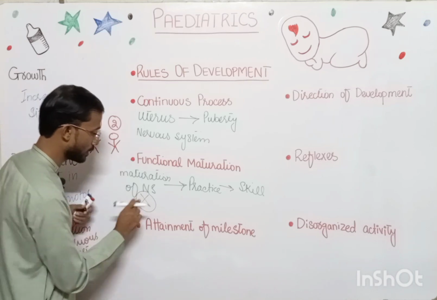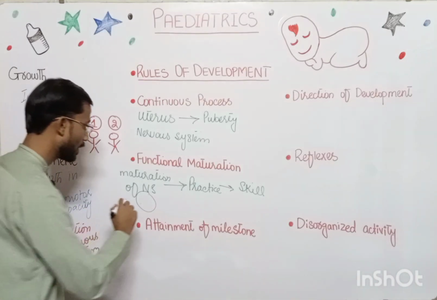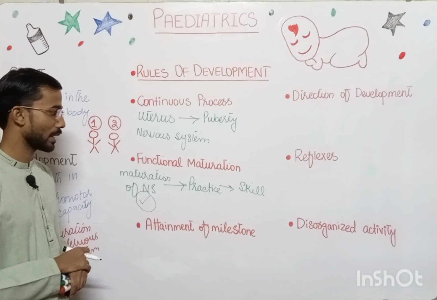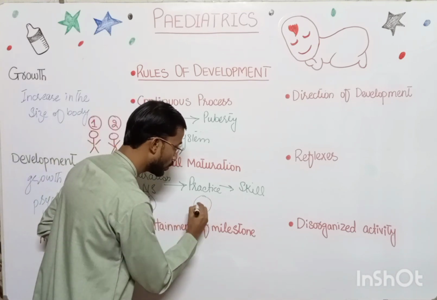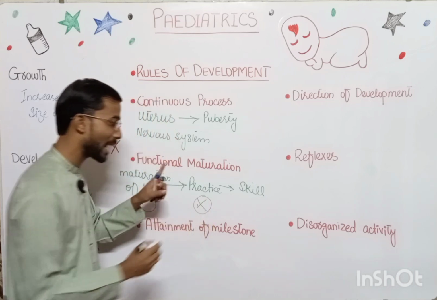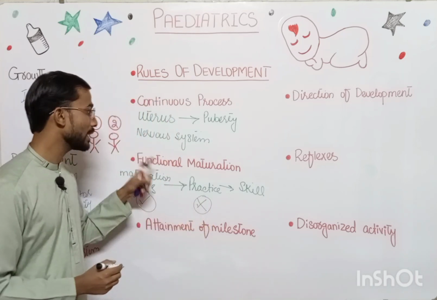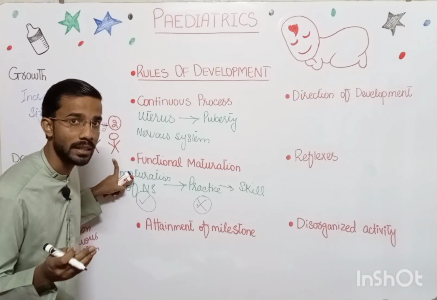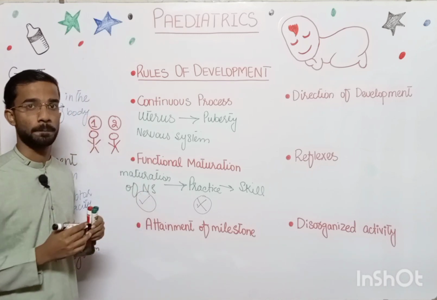In that situation, child 2's nervous system matures properly, but if we do not practice to teach the child, then child 2 again cannot learn any skill, even though his nervous system matured properly.